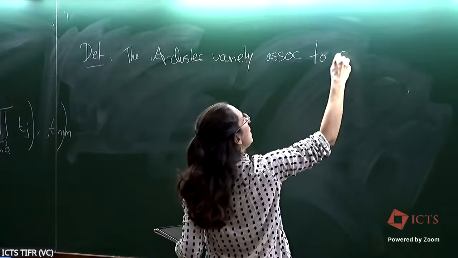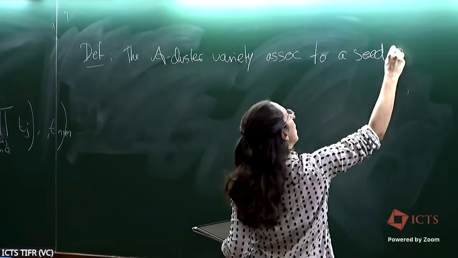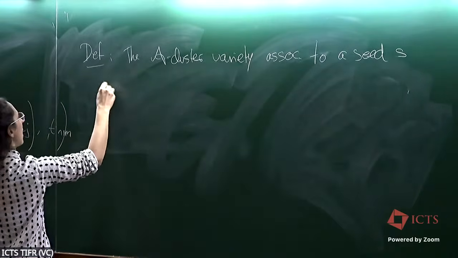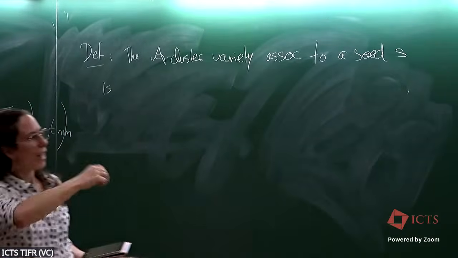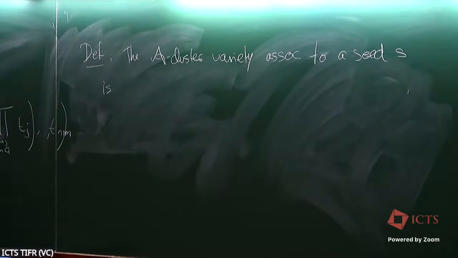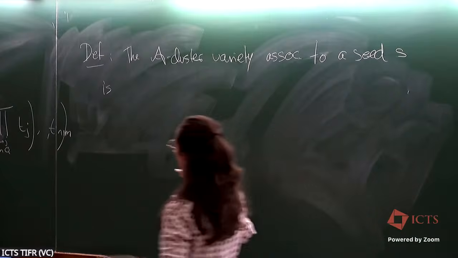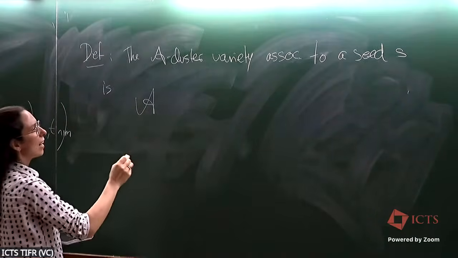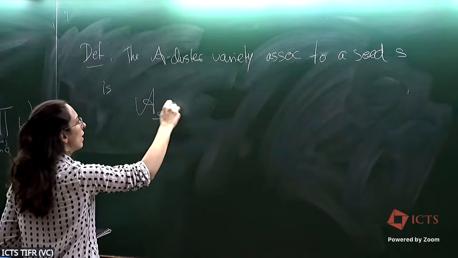Associated to a seed S is, and now I think I've been using the calligraphic A also for the cluster algebra, right? Let me change that to just normal A. And now the calligraphic one would be my cluster variety.